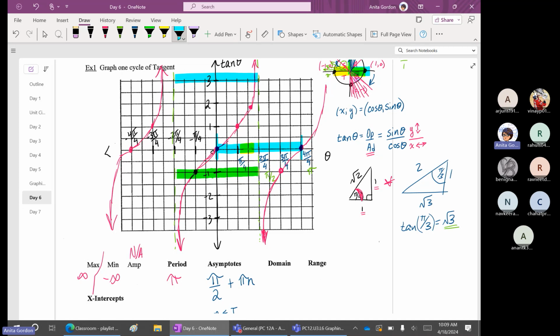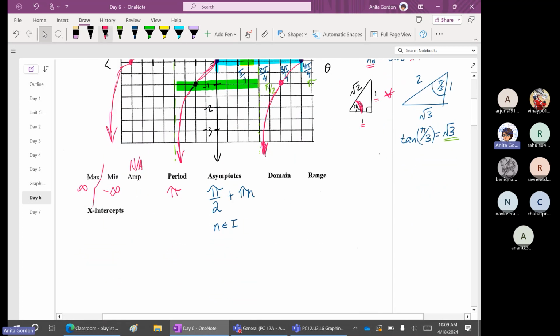Where is the first one? Plus or minus pi for the direction. Okay, so pi by 2 is my first asymptote, and I can go backwards or forwards pi, or again, think of it this way: I can start on the y-axis and rotate 180 degrees in either direction and end up back on the y-axis. So the asymptotes are at pi by 2 plus n pi.